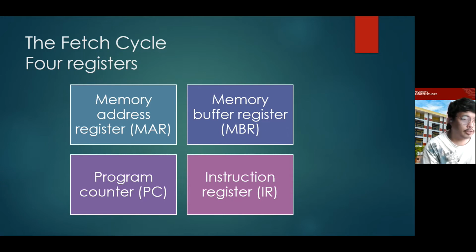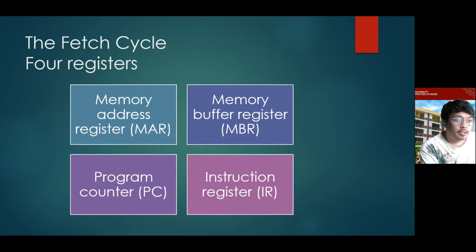The PC, or program counter, holds the address of the next instruction to be fetched. And the instruction register, the IR, holds the last instruction fetched. Those are the 4 registers involved in the fetch cycle.